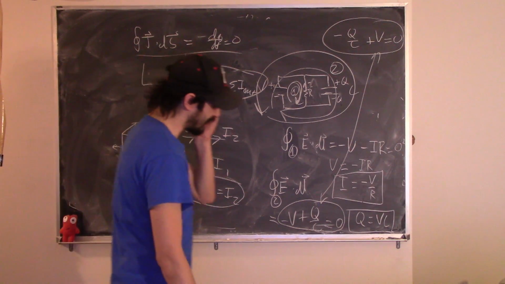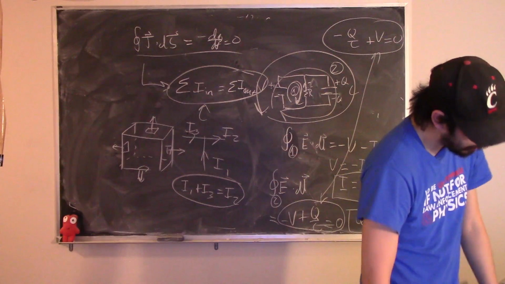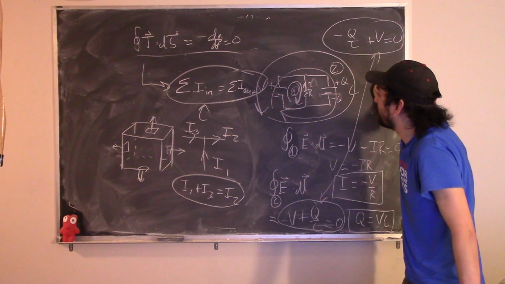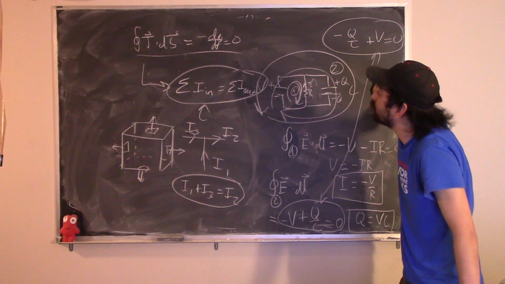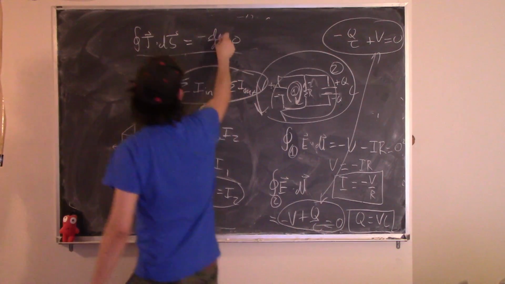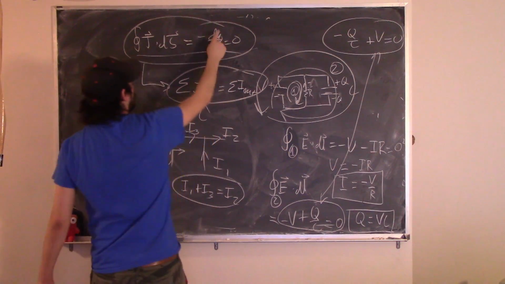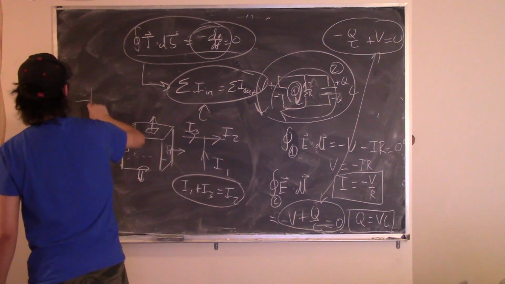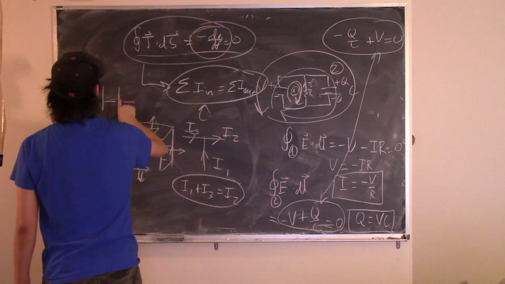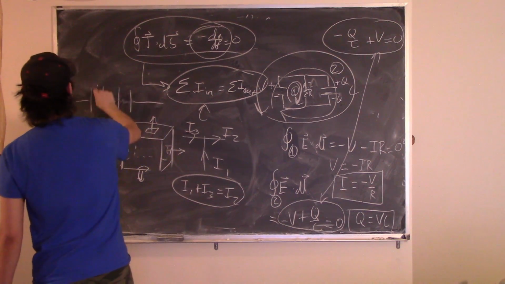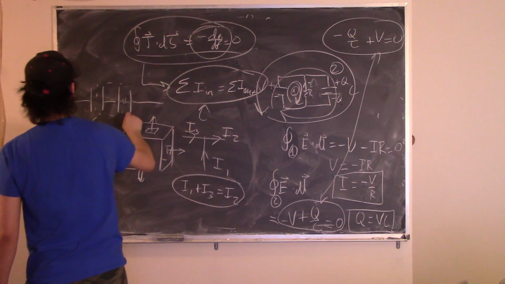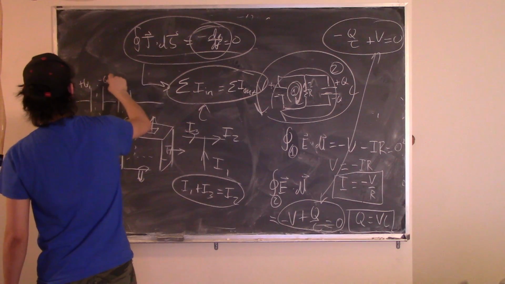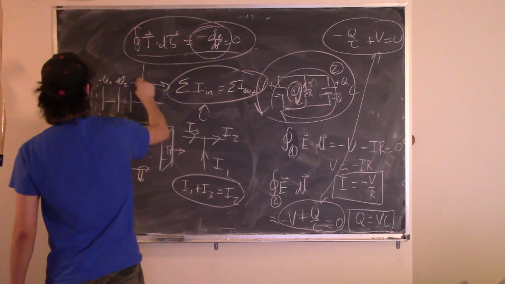It ultimately gets at the same thing, and really, I didn't realize this until now when I'm thinking about why it's good to do this in general, why it's good to write the equation like this. It's because of this term. This term allows me to say something about, if I have two capacitors in series, this is C1, this is C2, I can label this as plus Q1 minus Q1 plus Q2 minus Q2.